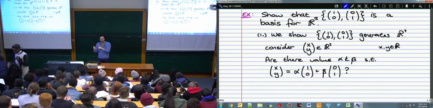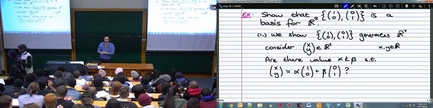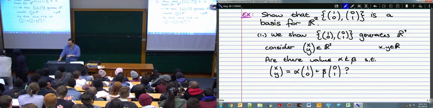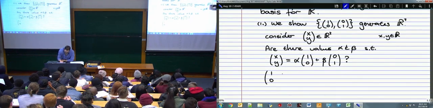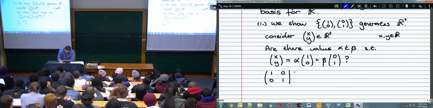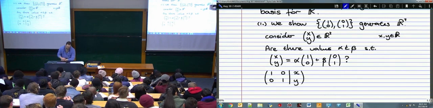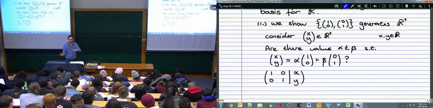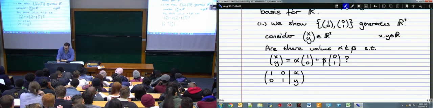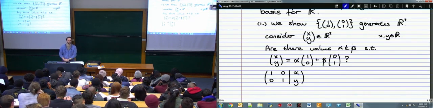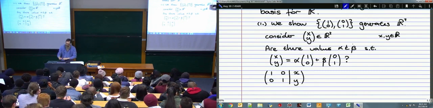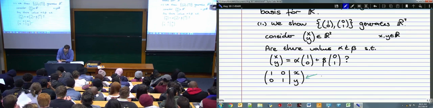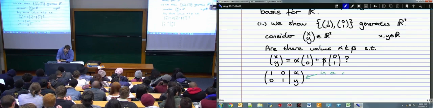What we're interested in is finding values for alpha and beta, and what we would do is write down an augmented matrix like this: 1, 0, 0, 1, and x, y in general, and then Gauss reduce it. This matrix is already Gauss reduced because the tentative basis we started with was so simple.